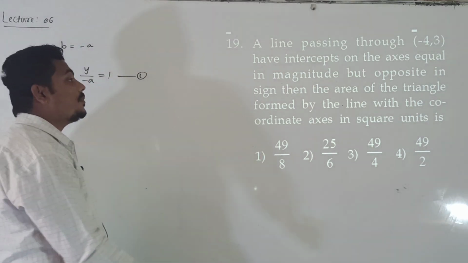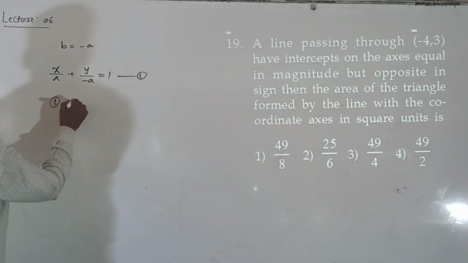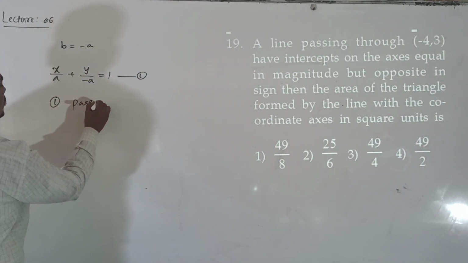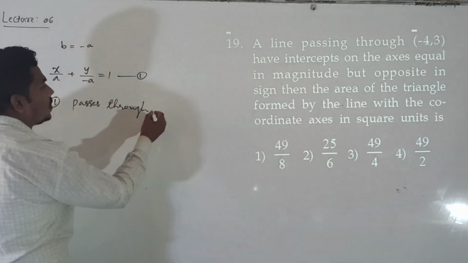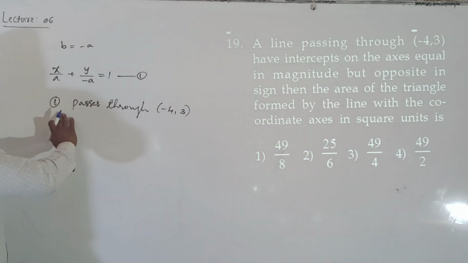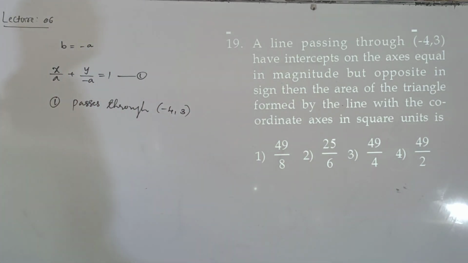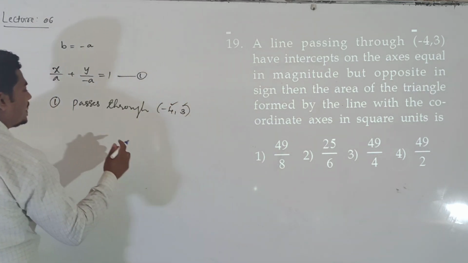It passes through the point (-4, 3). If this line passes through the point (-4, 3), replace x with minus 4 and y with 3.